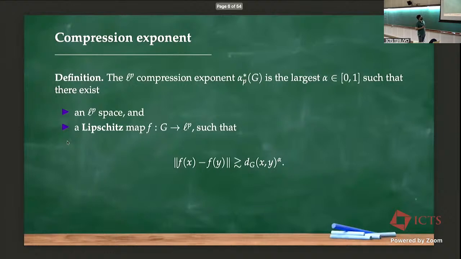One of the very nice definitions that was introduced by Guentner and Kaminker, I think 20 years ago, is the notion of compression exponent. It says the following.